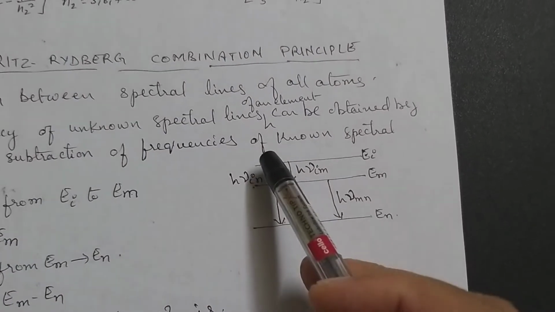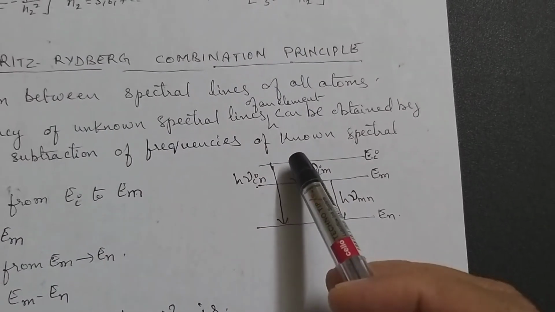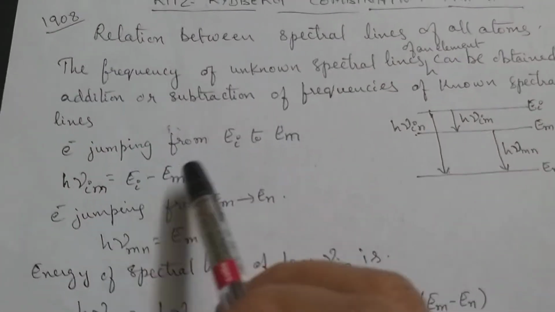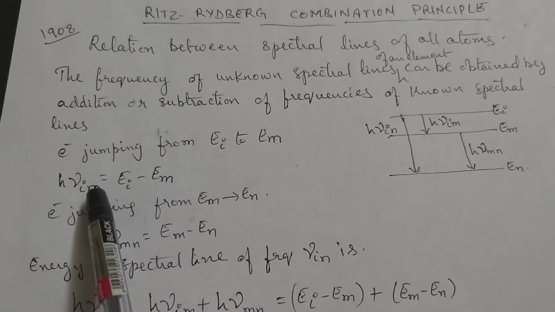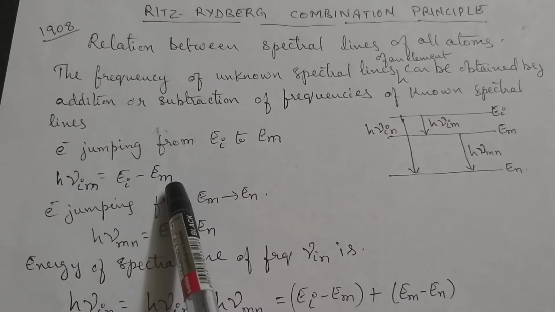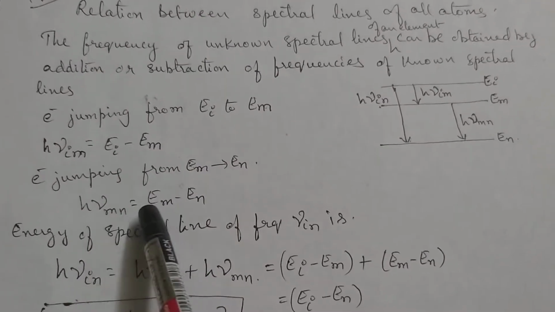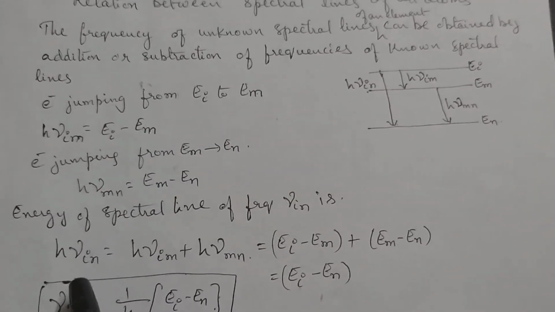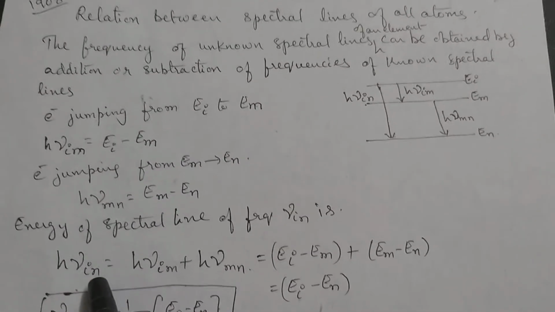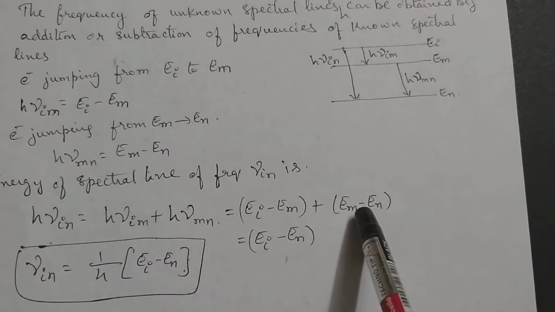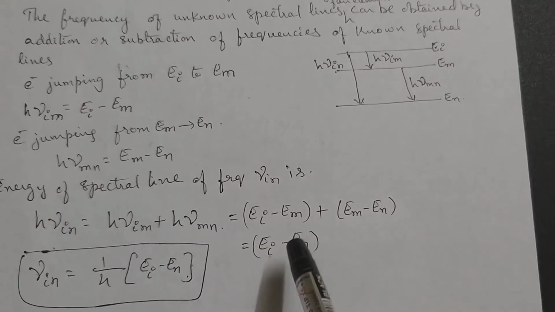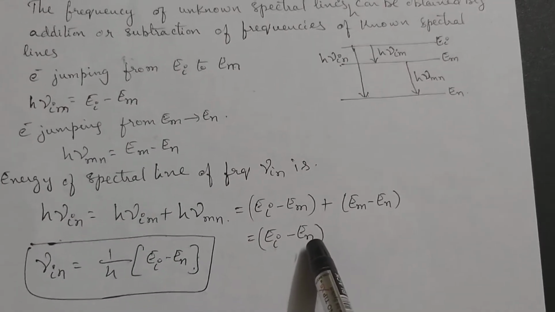Now as you see in the figure, h nu in equals h nu im plus h nu mn. Here we have written the same thing. So h nu im will be equal to Ei minus Em, h nu mn equal to Em minus En, and if you want to find h nu in, you just have to add these two, Ei minus Em and Em minus En. In that, Em will go and Ei minus En will remain.